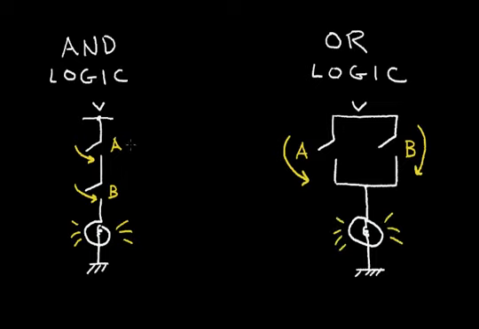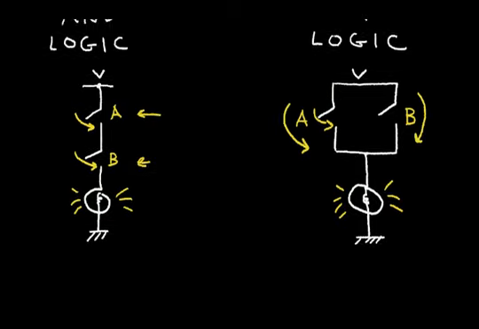So in this case, the AND required both switches to be closed for the event to happen. In the OR logic, it only required one switch to be closed for the event to happen. So in electronics, we have some symbols for the AND logic and the OR logic.